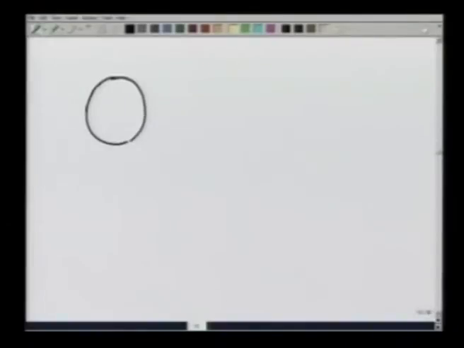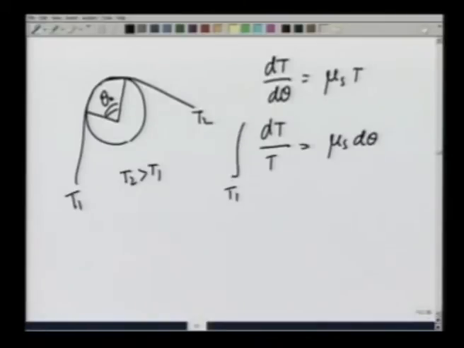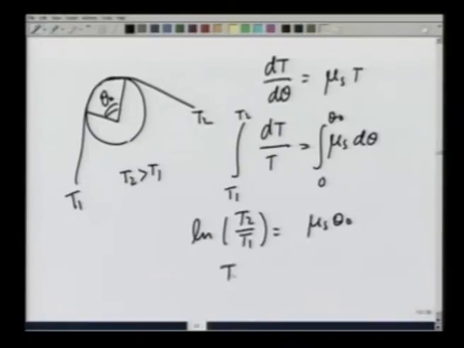If I calculate now, as I said earlier, if there is a pulley and the rope makes an angle theta 0, from T1 to T2, so that T2 is greater than T1, the equation is dT over d theta equals mu s T. If I solve this equation by writing dT over T equals mu s d theta, integrate this from T1 to T2, and integrate this from 0 to theta 0, I get log of T2 over T1 is equal to mu s theta 0, or T2 equals T1 e raised to mu s theta 0.